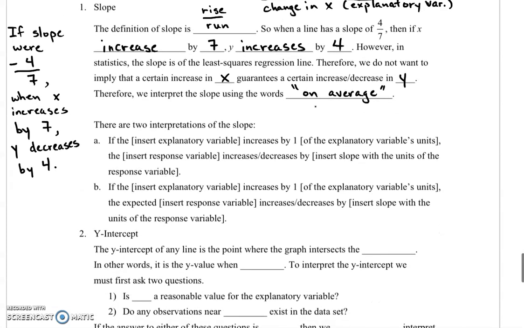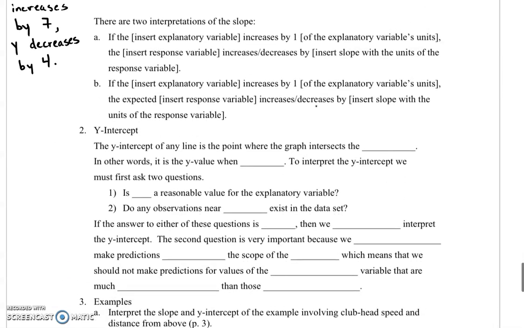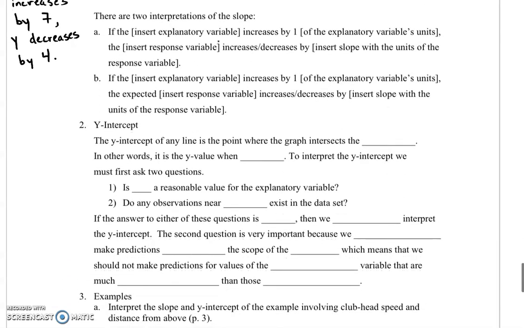So there are two interpretations of the slope. If the explanatory variable, and we should of course put in whatever the explanatory variable is for whatever problem we're doing, increases by 1 unit, whatever they are, miles, seconds, whatever, the response variable either increases or decreases by whatever the slope is with certain units.